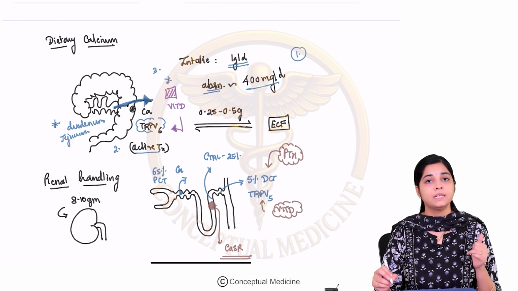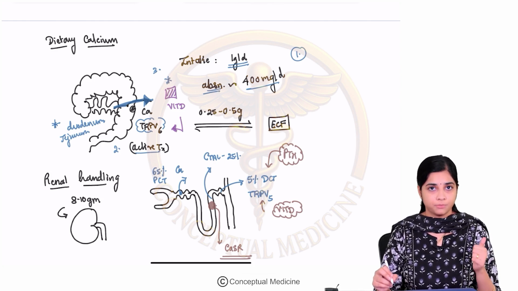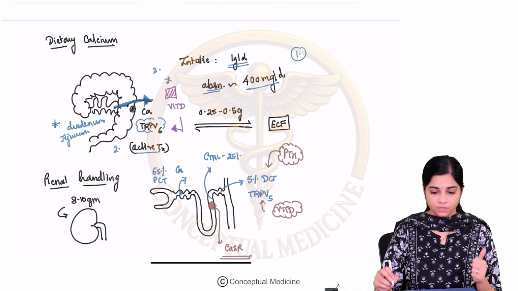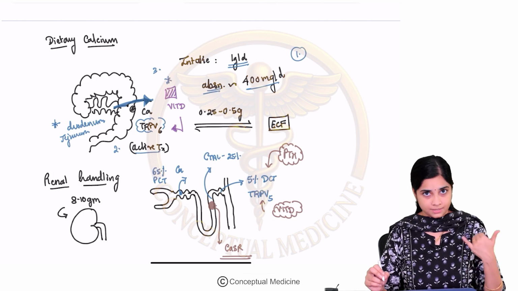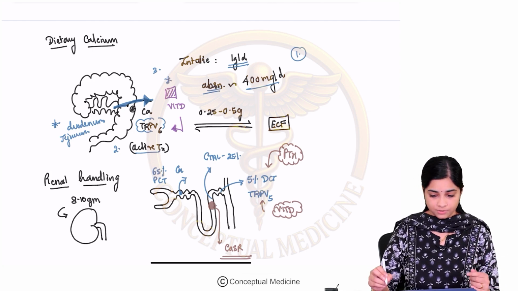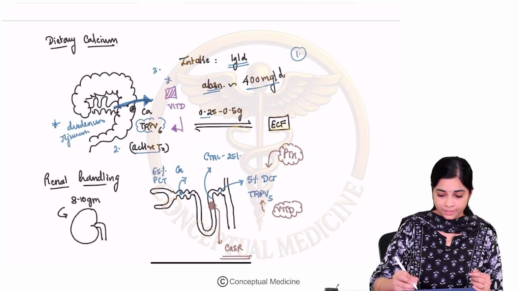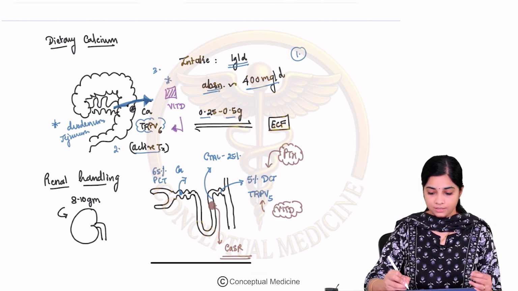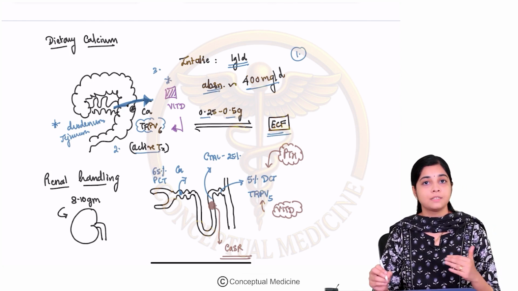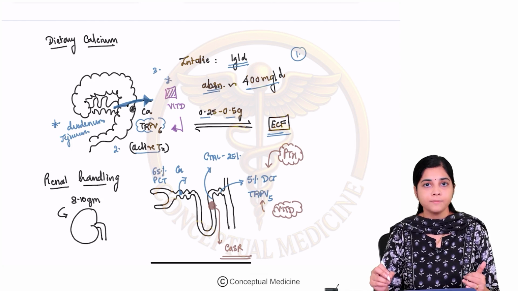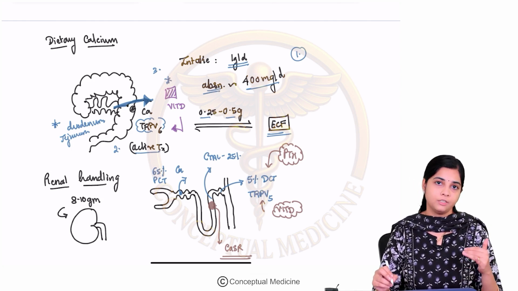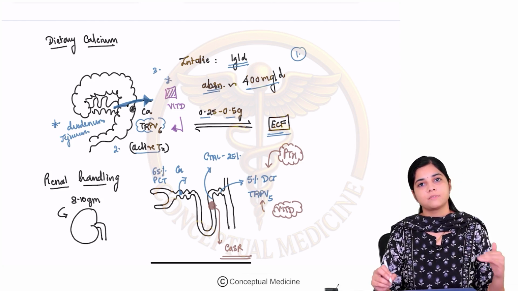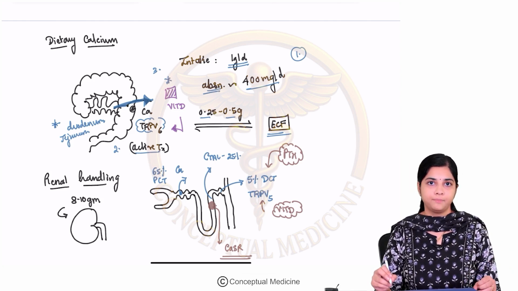Again, whatever 1 gram is taken in, 400 mg is absorbed, out of which around 0.25 to 0.5 gram is in flux with the extracellular compartment.